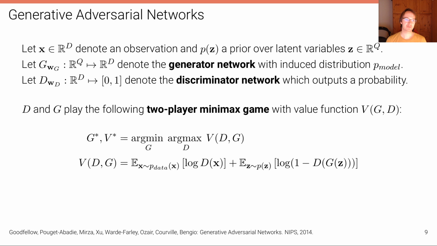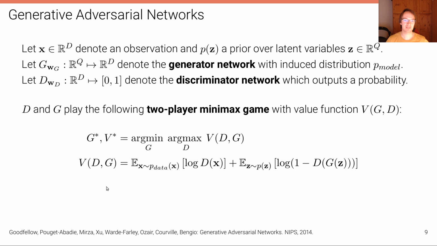Now, this is the objective. The discriminator D and the generator G play the following two-player minimax game with the value function V of G and D. It's called a minimax game because we have a minimization over G and a maximization over D. Note that in the notation that we're going to use from now, for simplicity, we're going to refer to just G and D instead of the parameters of G and D. But of course, when we implement GANs, we're going to be using a neural network for G and a neural network for D with parameters WG and WD.